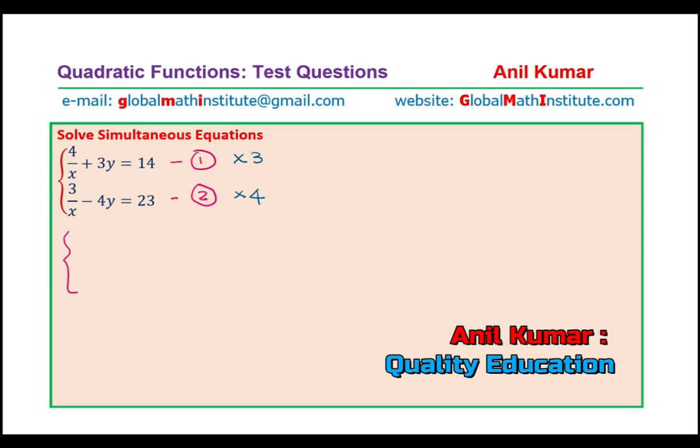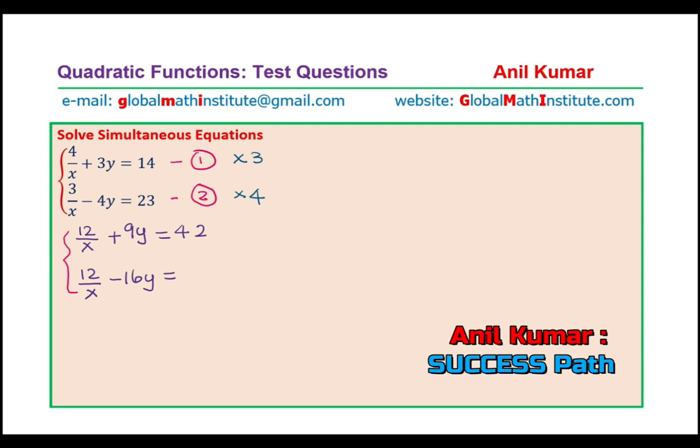We get 12 over x plus 9y equals 3 times 14, which is 42, correct? And then 12 over x, multiplying this by 4, minus 16y equals 4 times 23, which is 92.